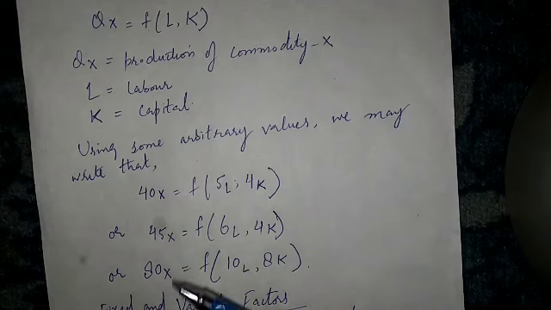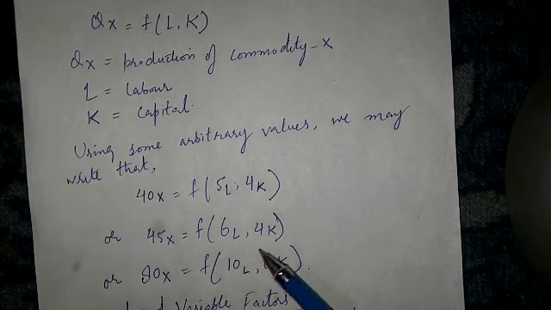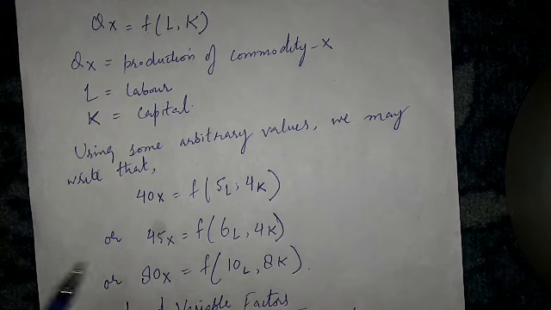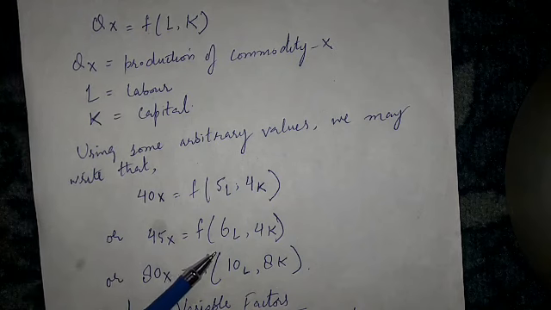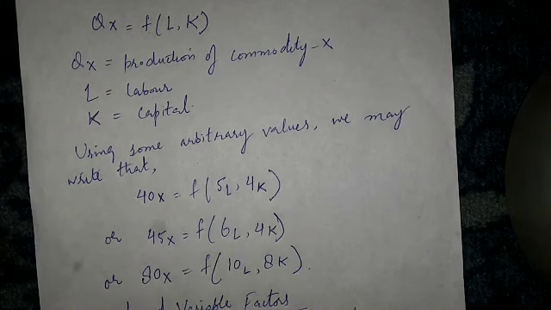Or if we write down 45x is the function of 6L and 4K, what does it state here? It states here that maximum 45 units of commodity X can be produced by using 6 units of labor and 4 units of capital.